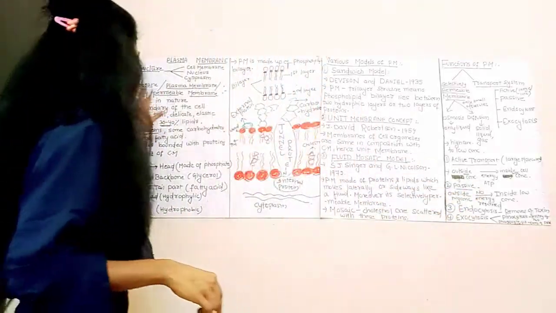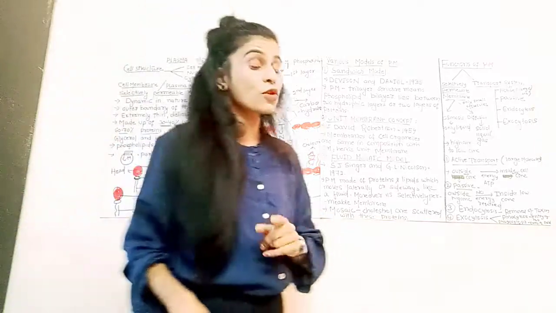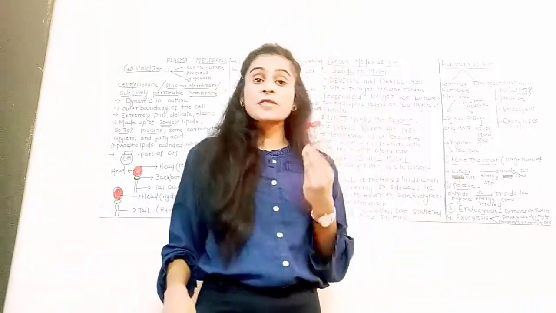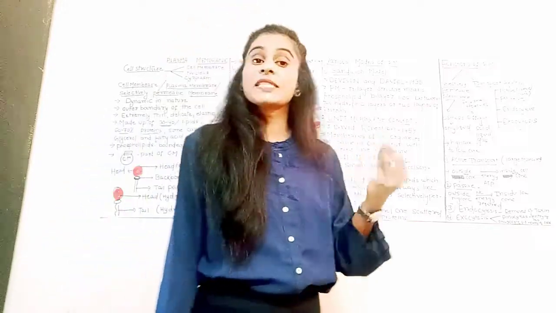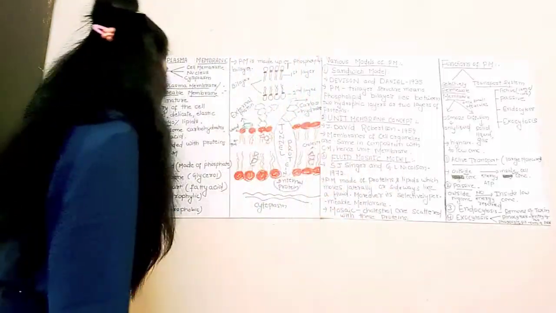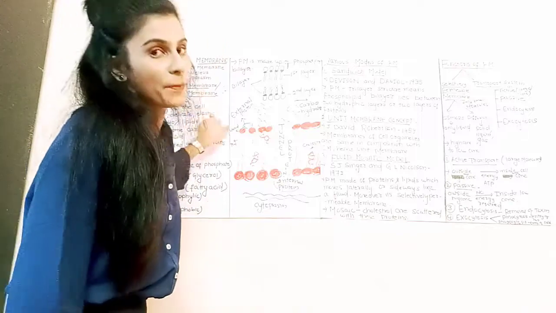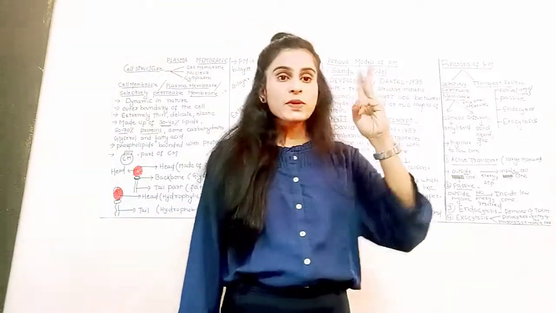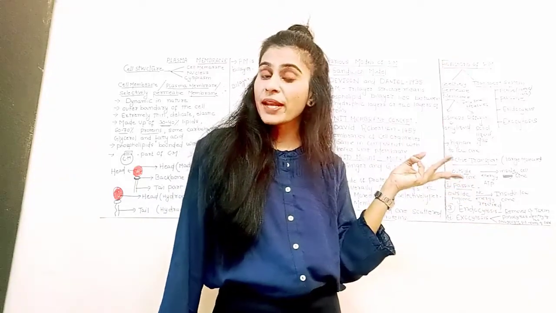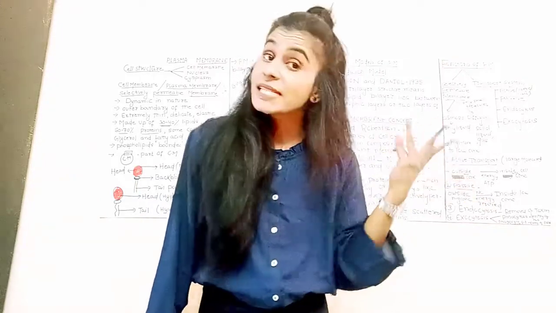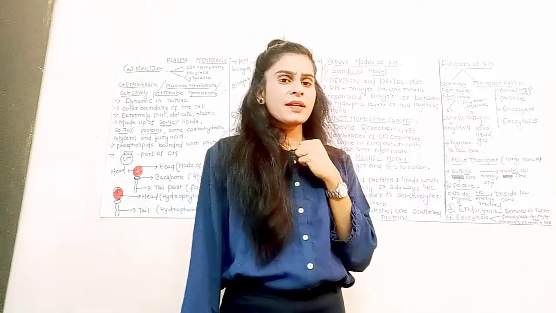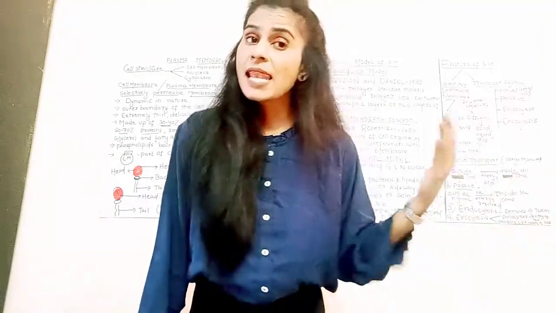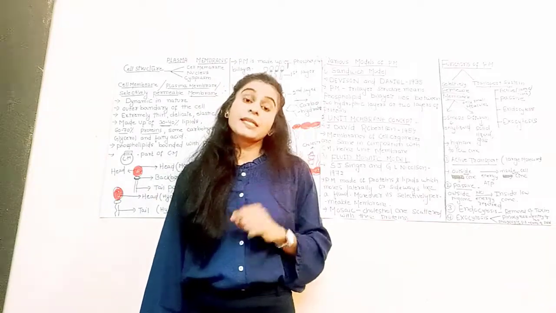You can also call it the plasma membrane. Another name given to it is the selectively permeable membrane. So it has three names: cell membrane, plasma membrane, and selectively permeable membrane.